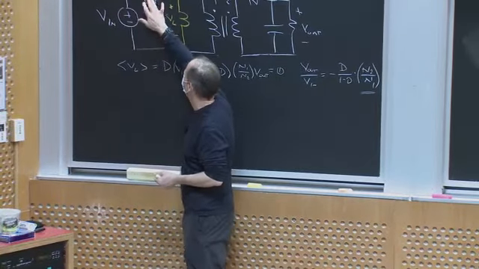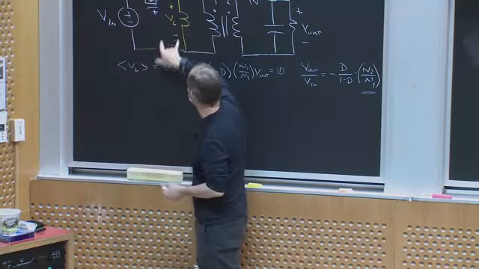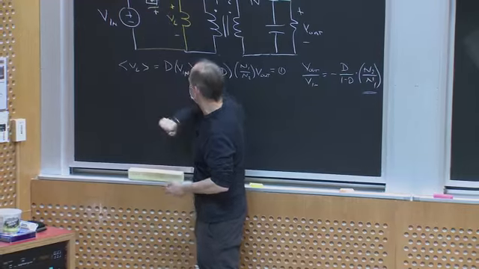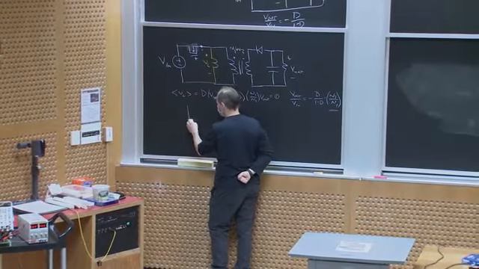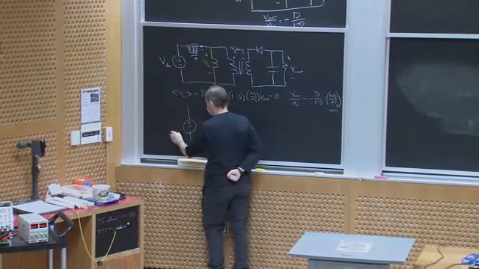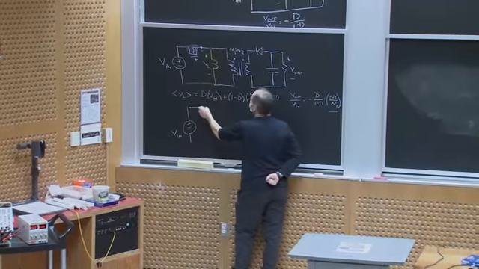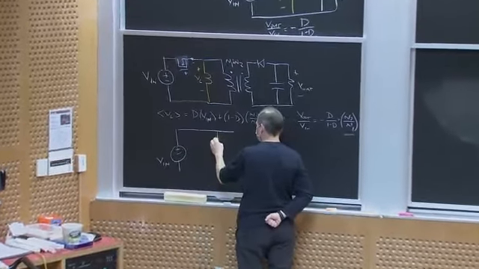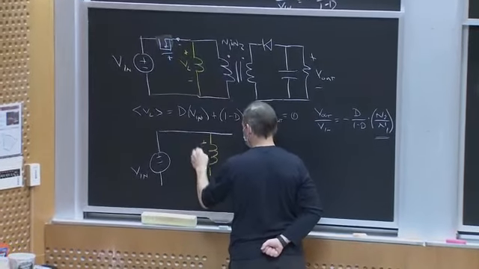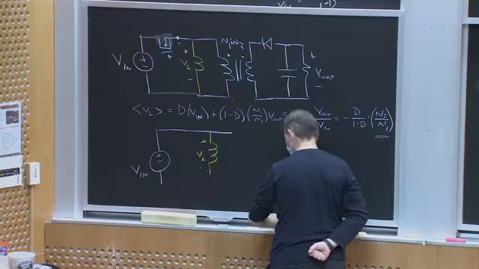Well, look, I have V in, this structure, and the switch in series. I could just rearrange that. So perhaps I could just simply do this. V in. Okay, I'll come along here, and let me put my transformer and my inductor first. All right.